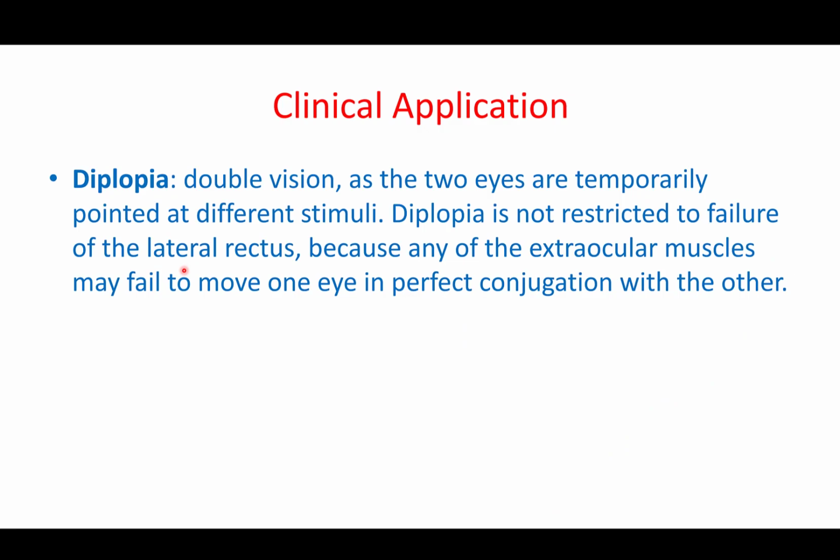So what is the clinical application of knowing, or why do we need to know those muscles? Because sometimes those muscles or the eyeballs are not moving in coordination, and that is what we usually call the lazy eye. You will see in those patients that, for example, they can turn both of their eyes to the right, but if they want to turn them to the left, one of the eyes will get stuck in the right position, so it doesn't move along with the other eye.